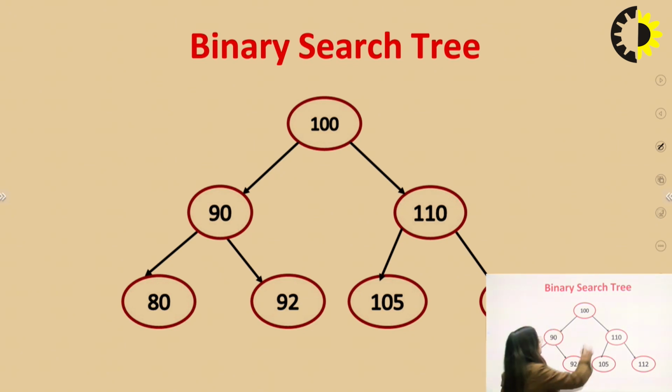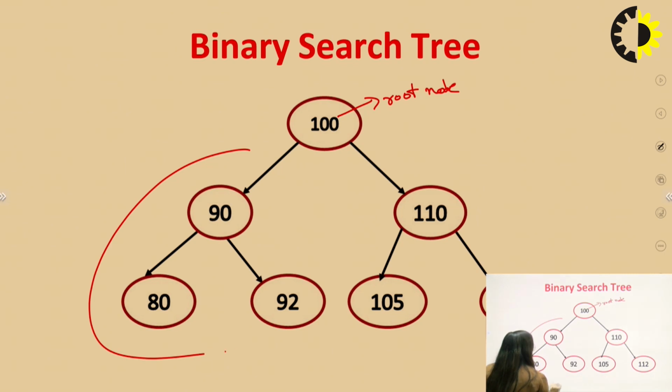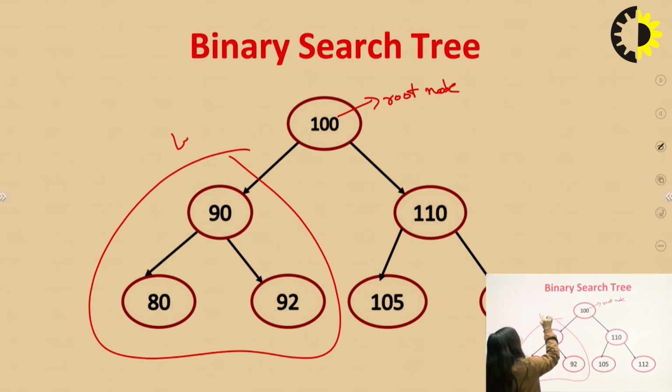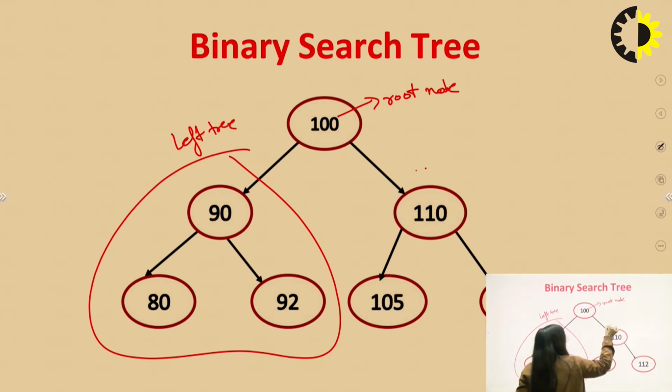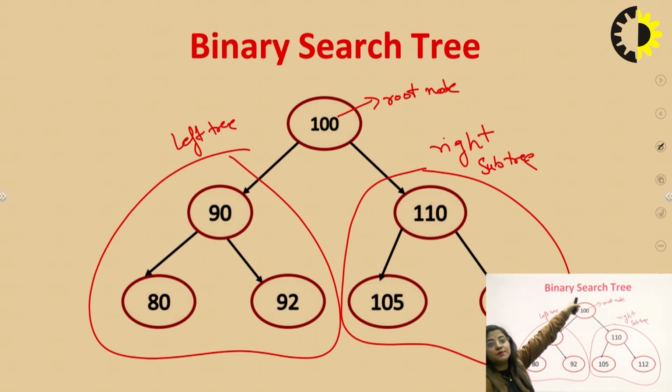So this is the root node, this is called the left subtree, and this is called the right subtree. This whole tree is called a BST.